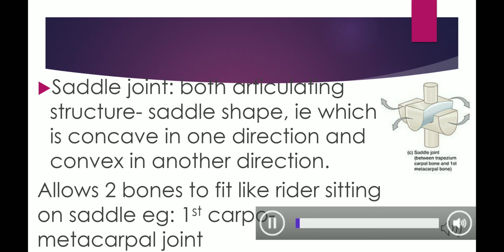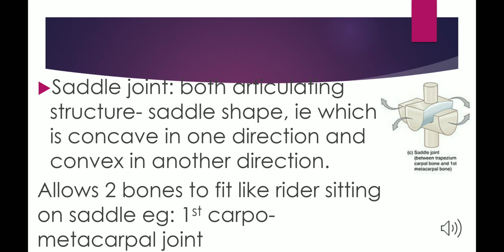So the next one is the saddle joint. In a saddle joint, both articulating surfaces are saddle shaped, concave in one direction and convex in another direction, and this allows the bones to fit like a rider sitting on a saddle. Functionally, it is a biaxial joint, that is, it helps in movement in two directions.